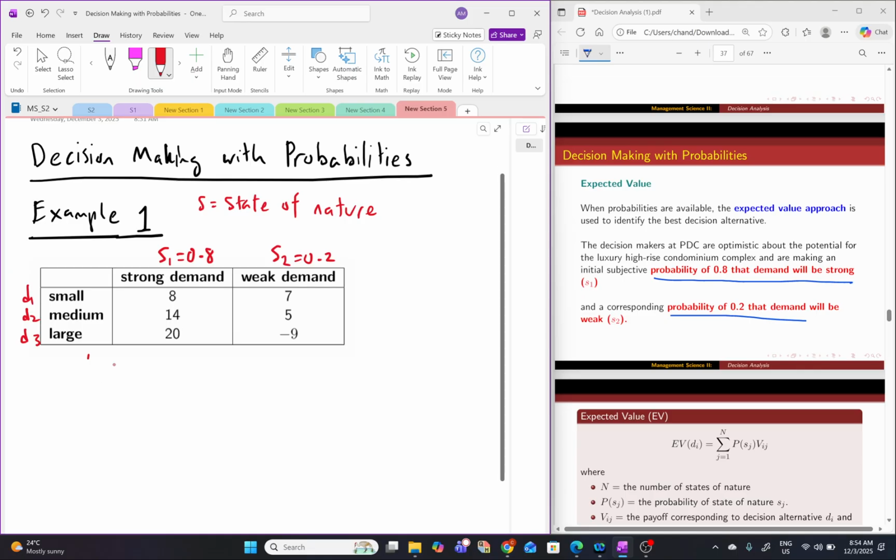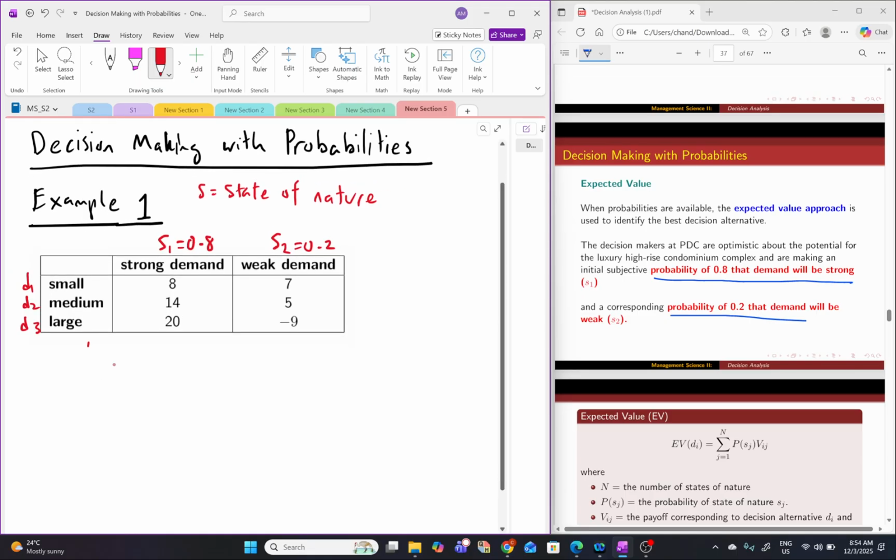So first of all, let us draw a tree diagram. The method we are using here is known as expected value.